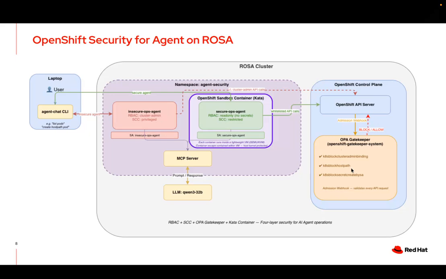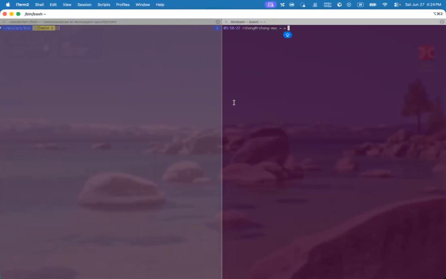As you can see, I already applied some rules, so whenever an API request comes from either the secure ops agent or the insecure ops agent, it will do the check and either block or allow based on the rules. So that is the setup. Let's jump into the demo and see how it works.